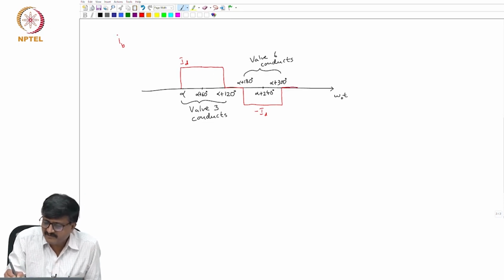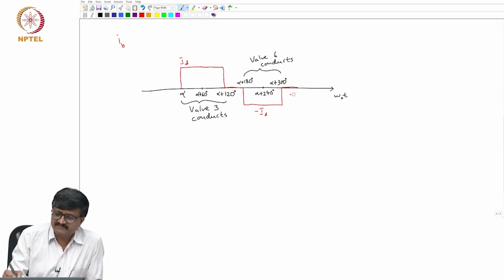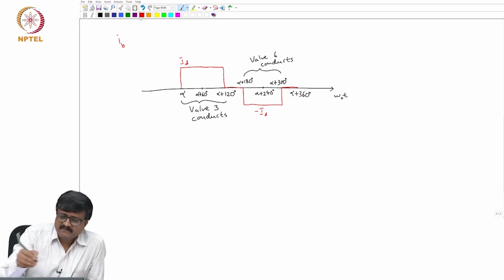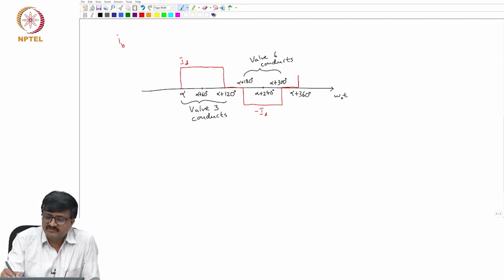IB will remain 0 for a duration of 60 degrees, that is up to alpha plus 360. Then the cycle repeats. Again it goes to plus ID, and so on.